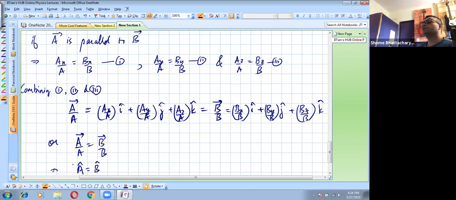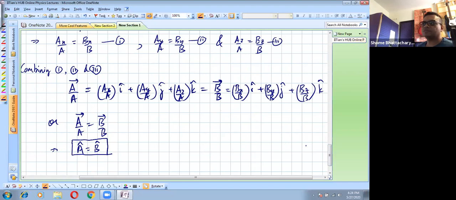And if you think about it, this makes total sense. If two vectors are parallel to each other, then the unit vectors must be the same. If you reduce both vectors' magnitude to unity, they are basically the same vector. So if A is parallel to B, their unit vectors should be the same.